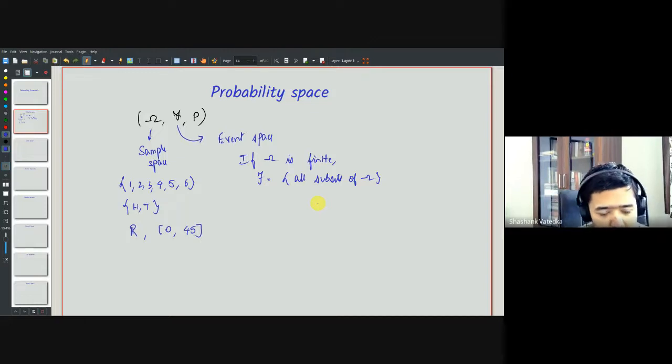If omega is infinite, so in particular if it is the set of all real numbers or some continuous interval, if omega is continuous, so in other words, it is uncountably infinite, then F is some subset of the set of all possible subsets.